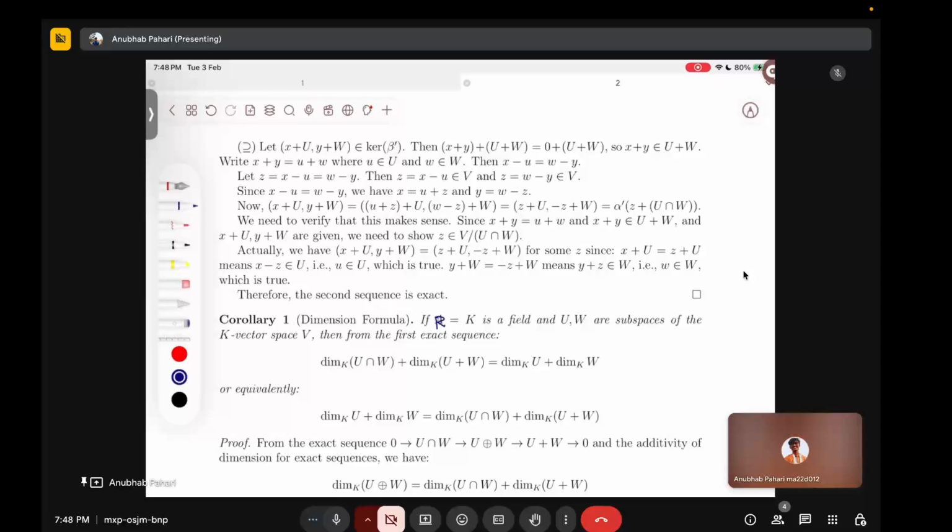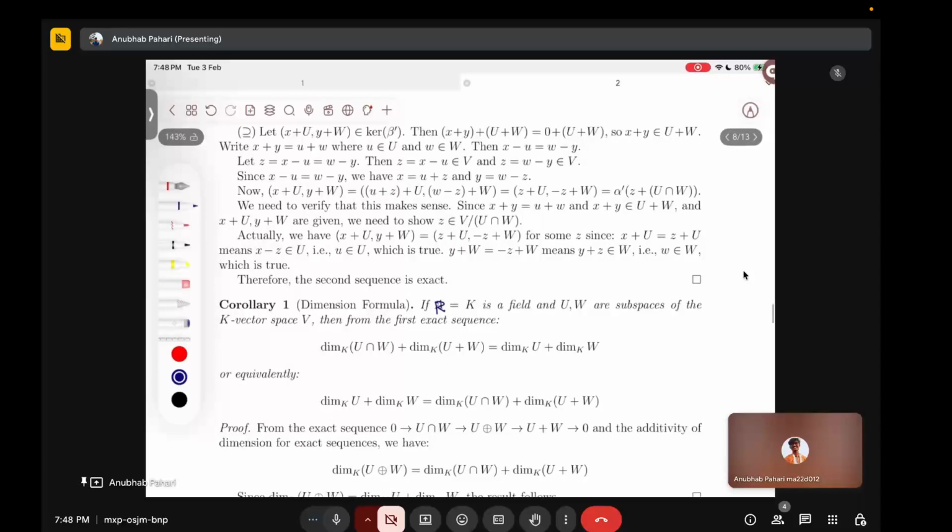But yeah, you know that this is the famous dimension formula, right? The dimension of U plus W is the dimension of U plus the dimension of W minus the dimension of the intersection. And one thing to note is that dimension is additive.